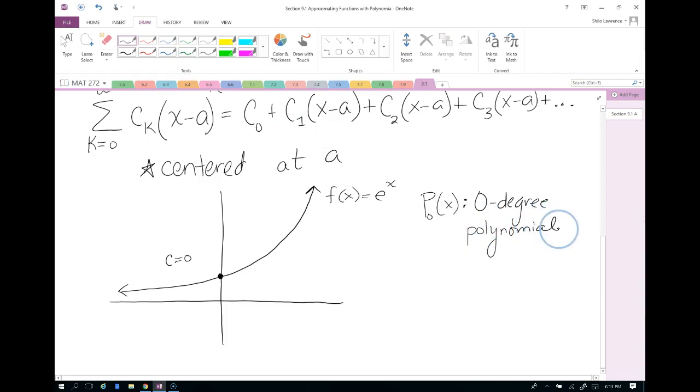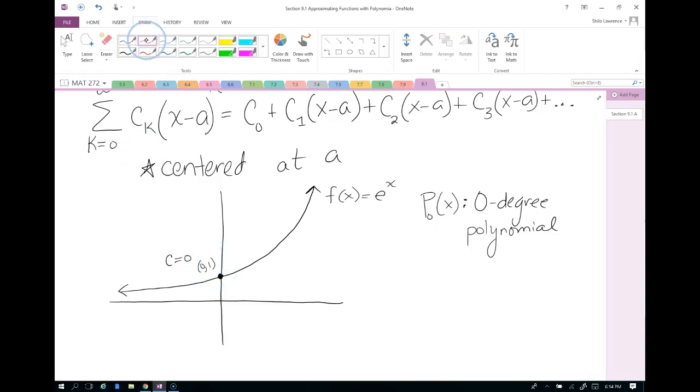If I tried to approximate f of x equal to e to the x with a 0-degree polynomial, all I would come up with is a straight line, y equals some sort of constant, and we have to have that center so we know where to match them up at. So that point there is actually (0, 1).